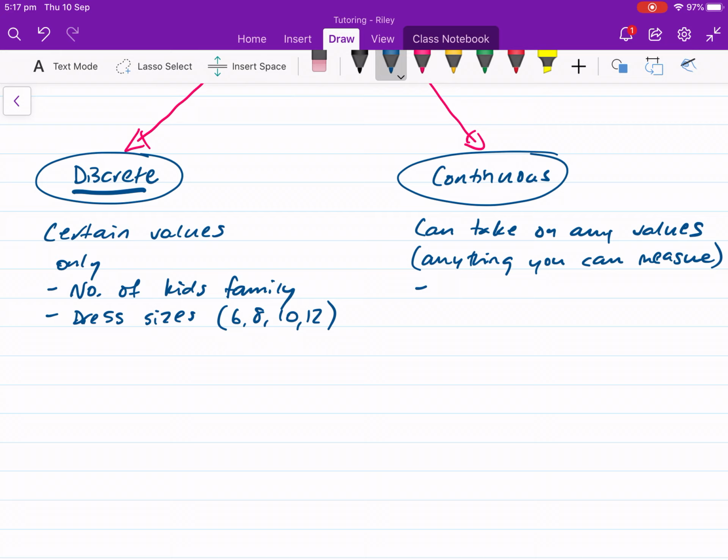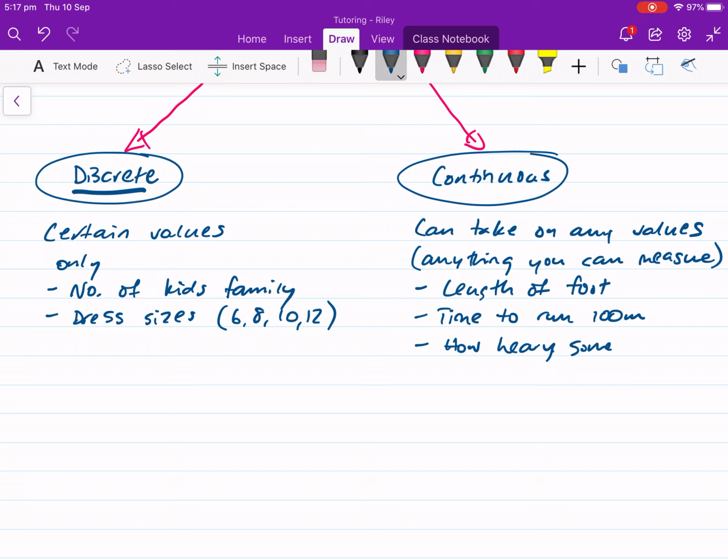So some obvious examples are length of foot. It can refer to time to run 100 meters, how heavy something is. These are all things that we can measure, so therefore they're continuous and they can take on any value.